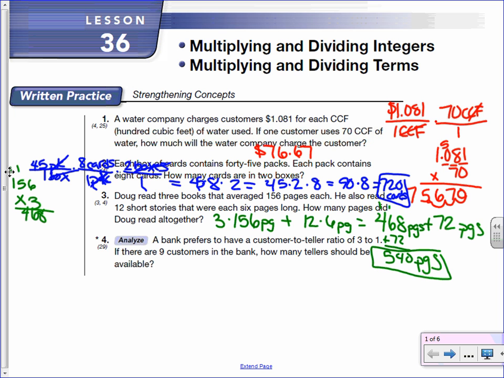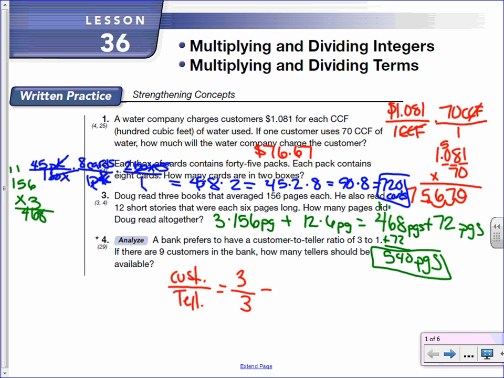A bank prefers to have a customer to teller ratio of 3 to 1. If there are 9 customers in the bank, how many tellers should be available? So this is a proportion problem. So we have a ratio of customers to tellers, and that they want to be 3 to 1.